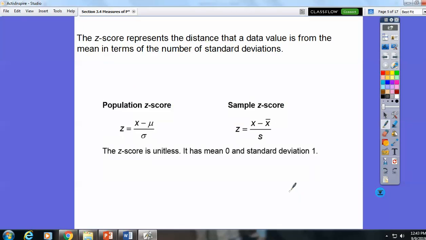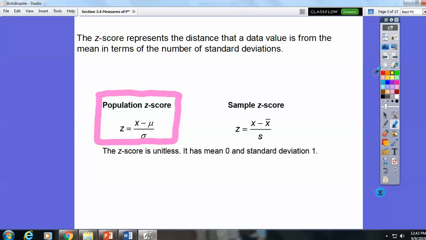So a z-score basically is kind of what we were talking about with the empirical rule. We're finding how far you are from the mean in terms of standard deviations. I have two formulas here, a population and a sample. The only difference is the variable. In a population we use mu and sigma, in a sample it's x bar and s.